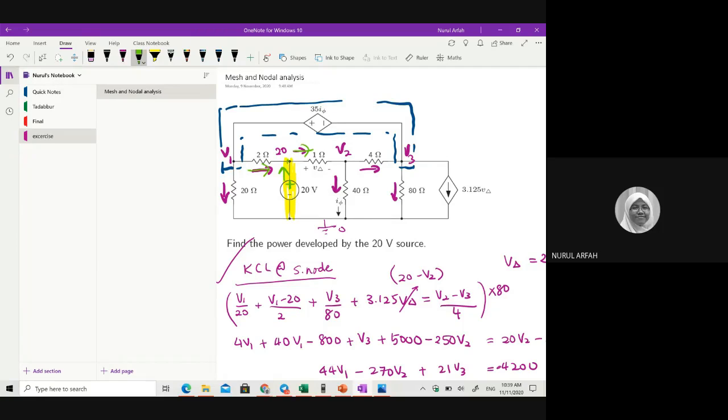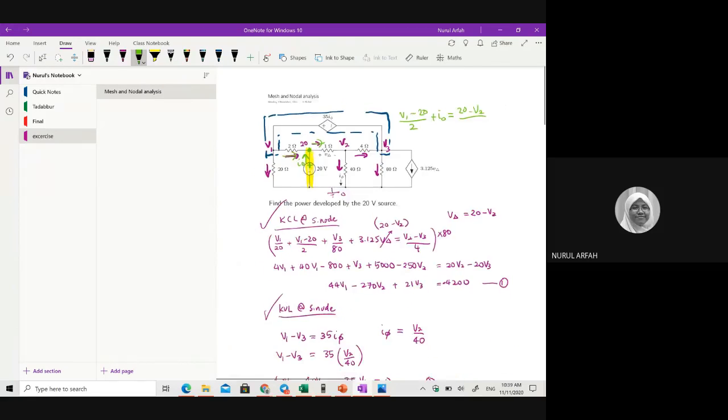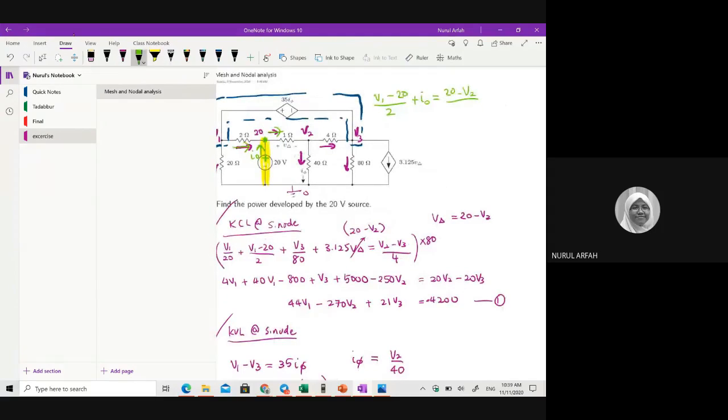So build KCL at this point: you have V1 minus 20 divided by 2, plus this current, maybe I call it I naught, equal to 20 minus V2 divided by 1.